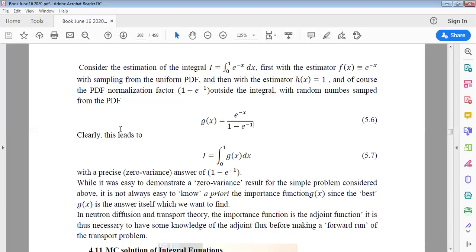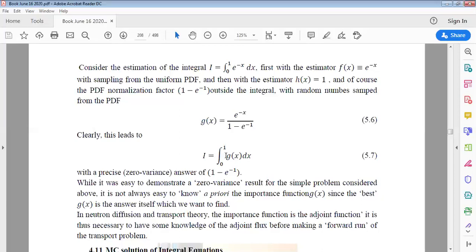Okay, so this leads to I is equal to the integral between 0 and 1 of e to the x. Again, I should have put 1 minus e to the minus 1 outside over here. Because if you divide by 1 minus e to the minus 1, you must also multiply by 1 minus e to the minus 1 inside here.